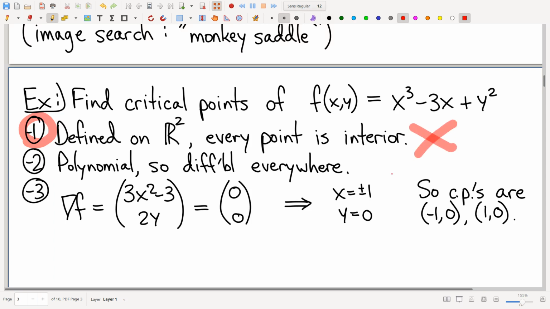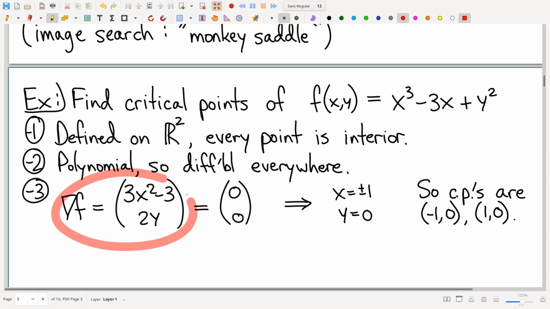Okay, continuing the search. What about differentiability? Any point where the differentiability fails would have to be a critical point. That's a polynomial. Polynomials are differentiable everywhere. Old fact from chapter 2. Freebie, right? So this is differentiable everywhere. So again, there are no critical points that we find from that condition. All right, fine. Lastly, we look for where the gradient is equal to 0.